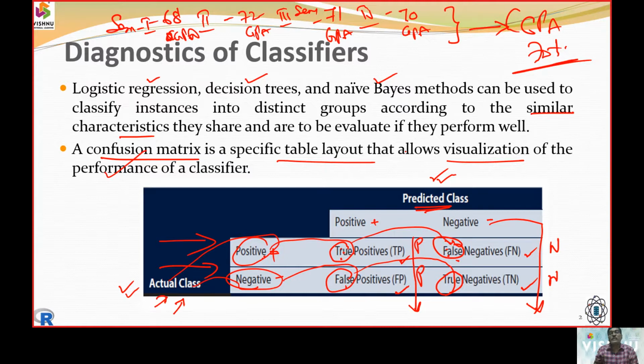So you can directly write the prediction class positive, positive, negative, negative in the vertical direction. Only in the horizontal direction do you move from true to false, false to true. It is just for understanding. Let me give some more explanation in the slide, which gives a technical impact of what we are talking about.